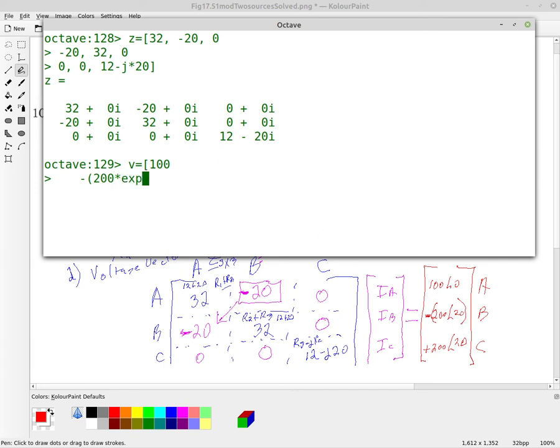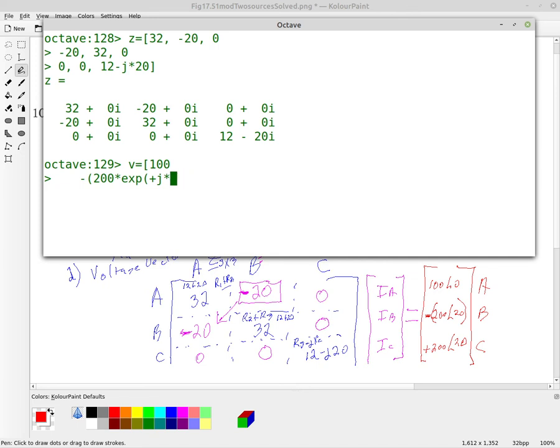So I'm going to do exp, which is e to the i, okay, and it's going to be a plus j times 20 degrees. However, when you use this, and when you're doing a TI-84 calculator also, you have to be careful here because even though your calculator may be set to degrees, this mathematical expression only works with radians.